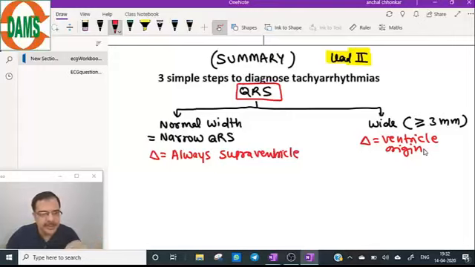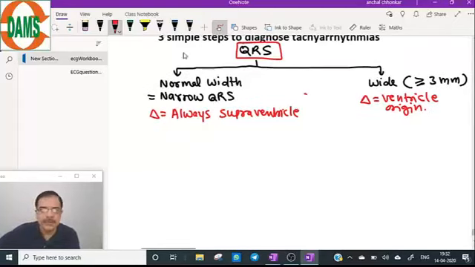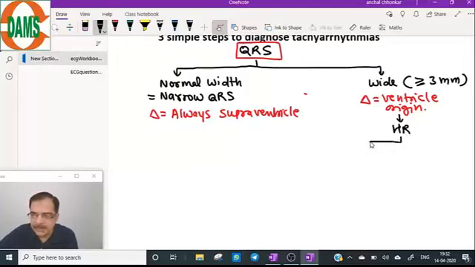And how to differentiate these two? The only difference is the heart rate. So here the heart rate will be the defining point. When it is a ventricular origin, look at the heart rate. If heart rate is 100 to 250, call it ventricular tachycardia.